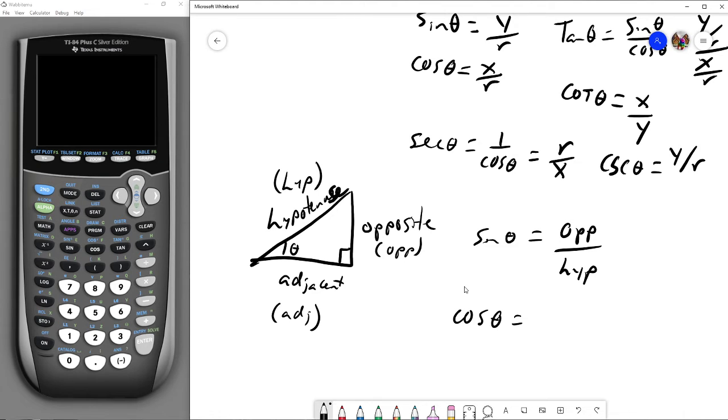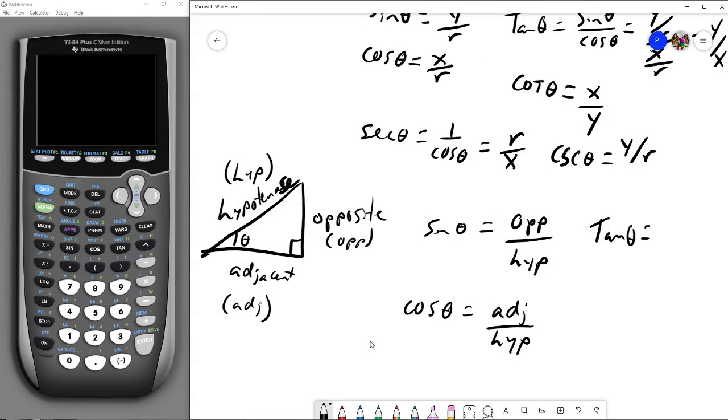Cosine theta is equal to adjacent over hypotenuse. Tangent theta is going to be opposite over adjacent. Cotangent theta is equal to adjacent over opposite.